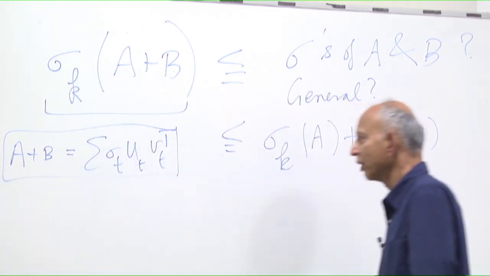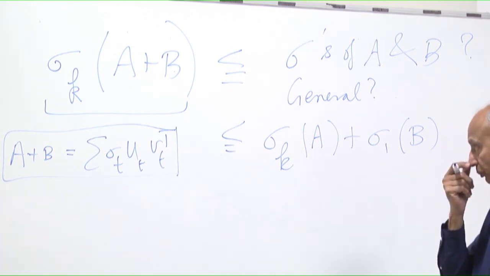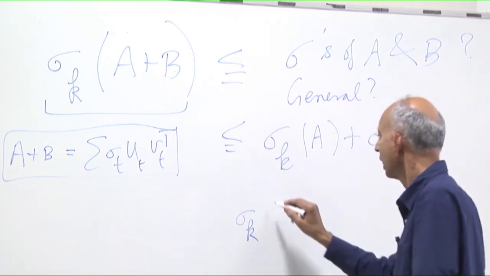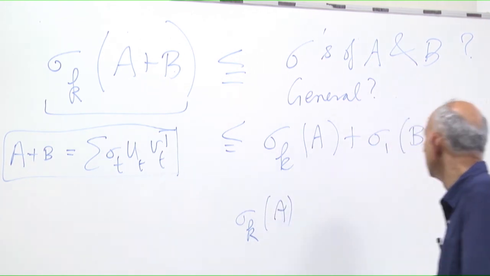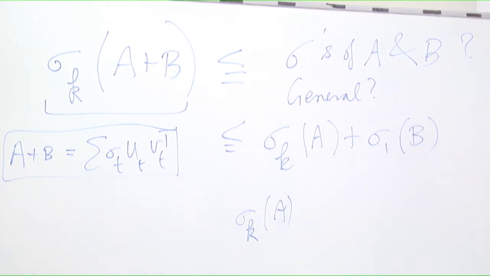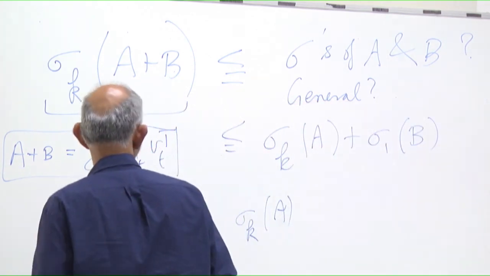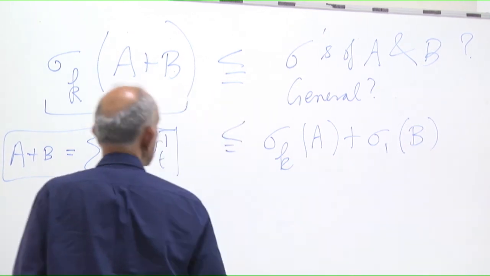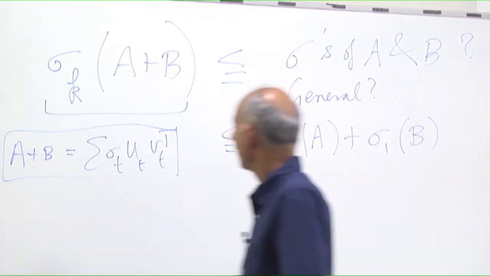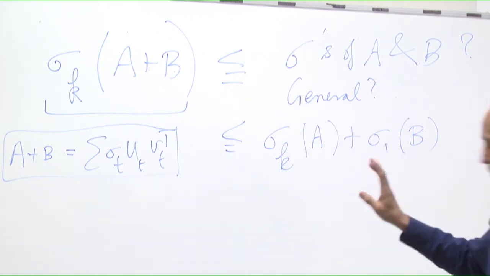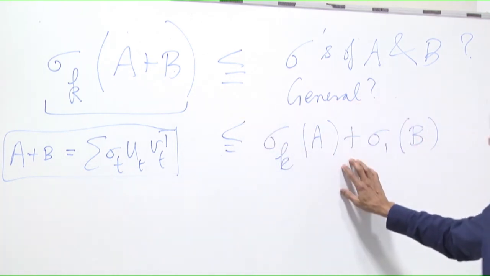And then I argue that sigma k of A. I have a suspicion I may not be able to prove it on the spot, but it is true. This inequality is true.